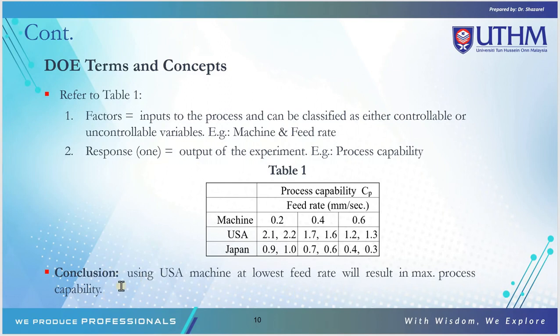This conclusion was made just by observing the result, because it is obvious that it is the maximum compared with the other responses. We can conclude simply from the result, without conducting any tests. So it is just in general.